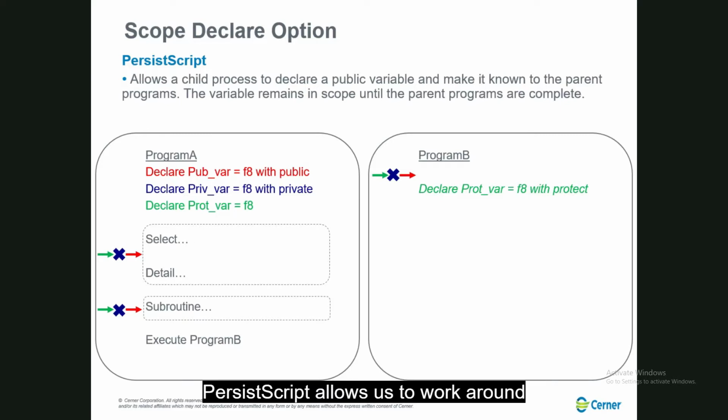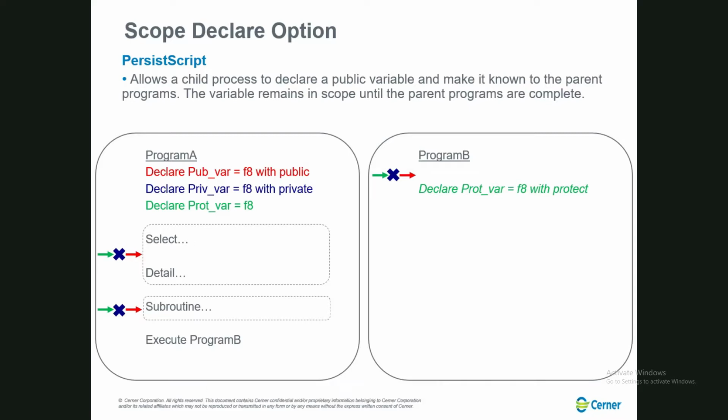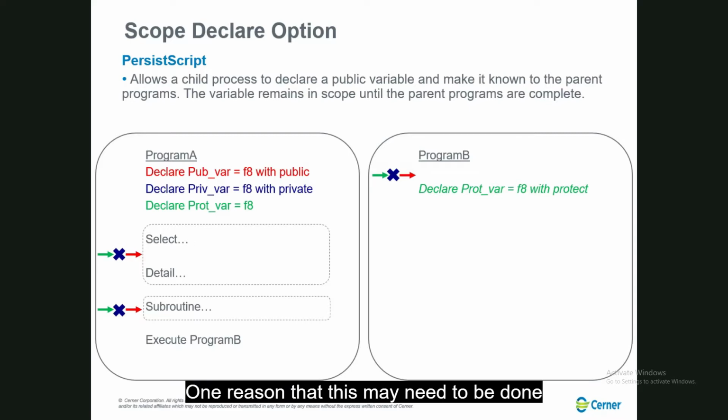Persist Script allows us to work around how the other scoping declare options work by flipping the scope upside down. One reason that this may need to be done is if you have full control over your child process but cannot make any changes to the parent programs. Yet, you still need to make a variable that you created in your child process known to the parent programs.